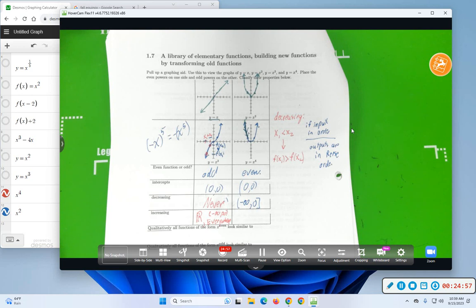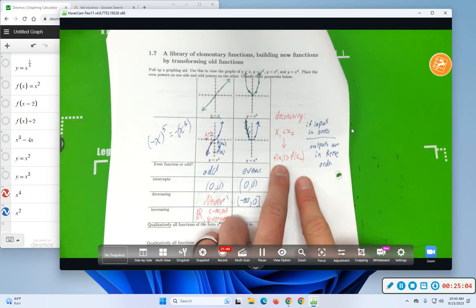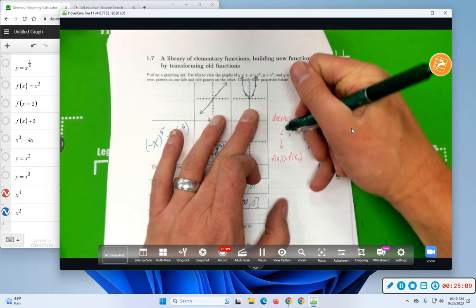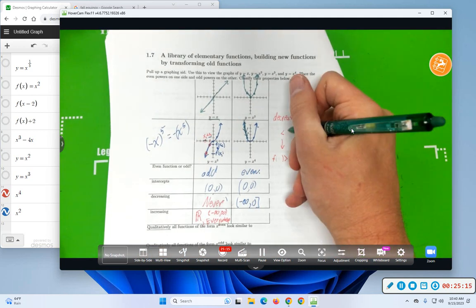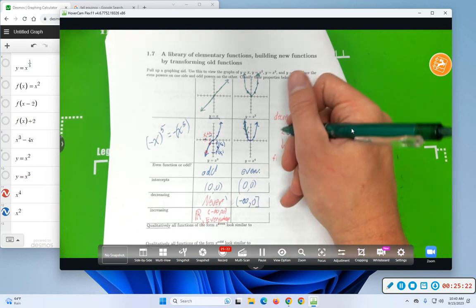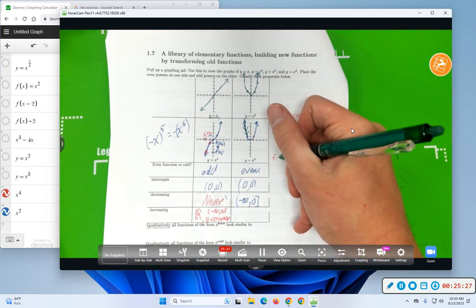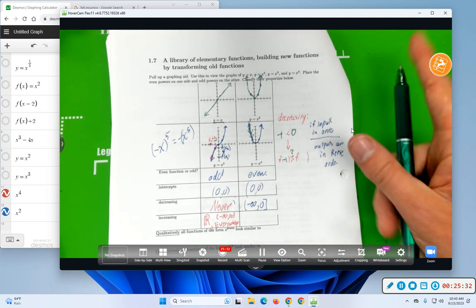Let's check using the super technical definition. If one input is less than the next input, then the outputs are in the opposite order. So let's test that. Let's test at 0, which is the biggest thing in the interval. Give me something less than 0. -1. I need to know if f of -1 is bigger than f of 0.